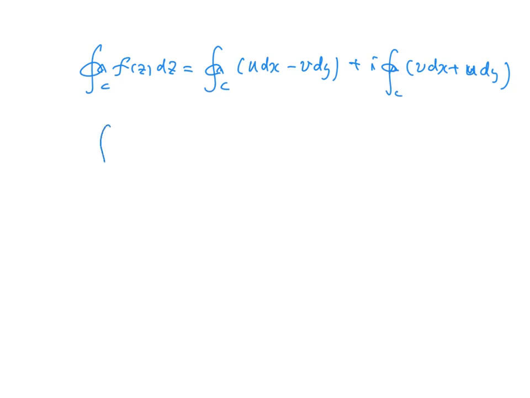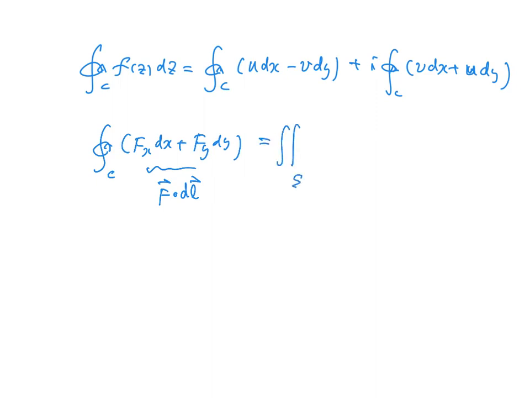Probably you remember this integral, f_x dx plus f_y dy. Remember this form? So this is actually F dot dl, right? So you can convert this into a two-dimensional integral, partial x of f_y minus partial y of f_x, dx dy, right? Remember that?